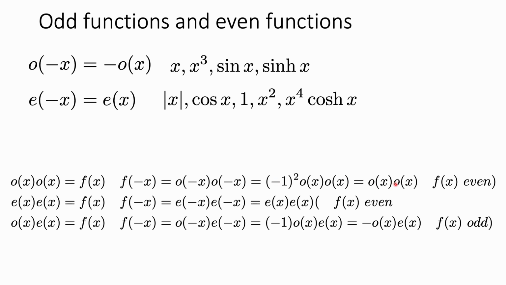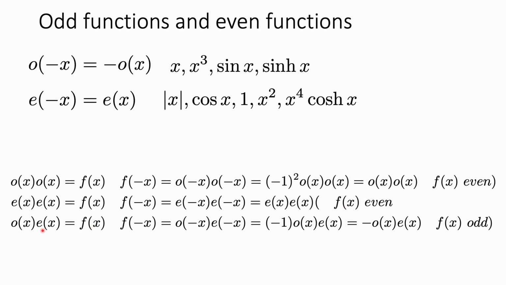So that means an odd function times an odd function is an even function. Here we have two even functions. We put even function of -x and even function of -x, and we get even function squared, which is equal to what we started with. So f of x is even.